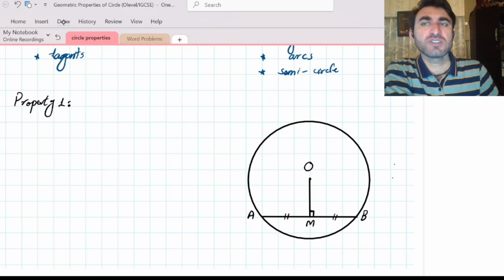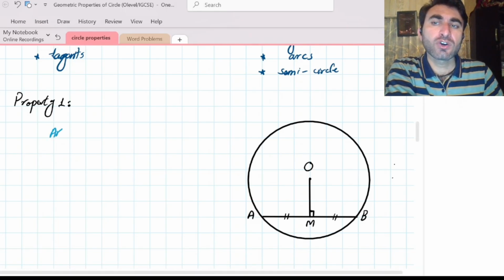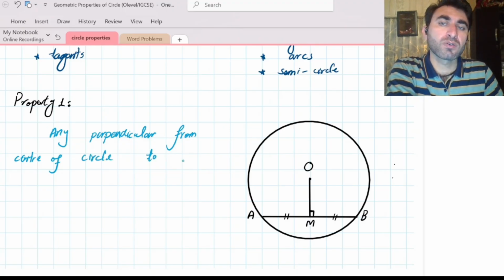That is the statement of the first property: any perpendicular from the center of a circle to a chord bisects it.